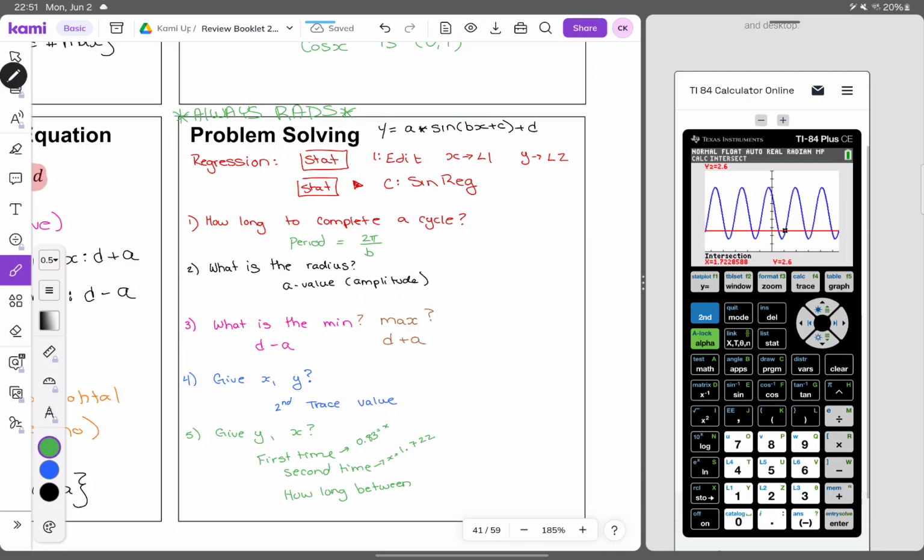So if I wanted to know how long between them, I just go 1.722 minus 0.83. And the time between them is 0.892. So when you're looking for the X, you have to ask yourself which X, or which intersection.